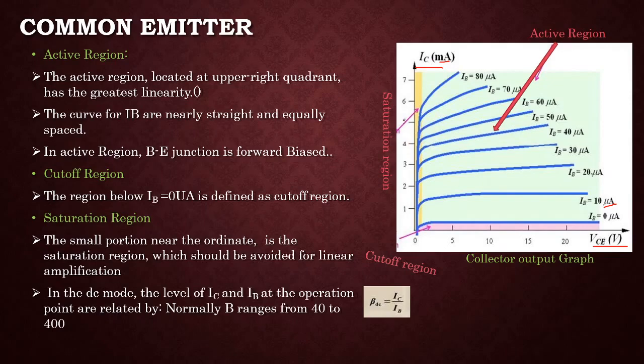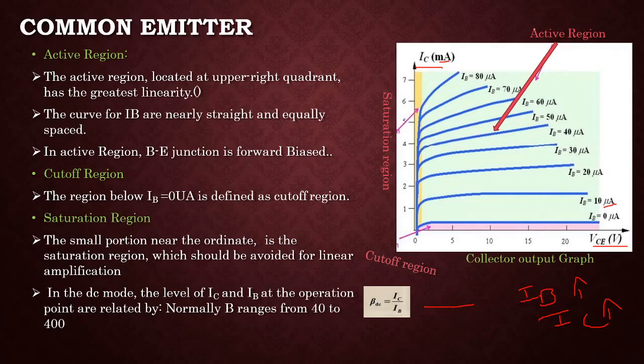Next, if I increase the IB current, what happens we have to observe. Whenever we are increasing the IB current, IC current is also going to increase. Whenever the input current increases, automatically the output current also increases.